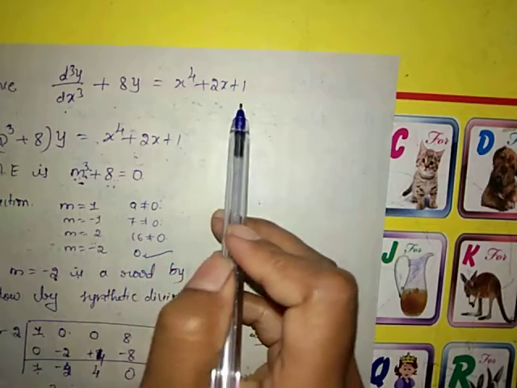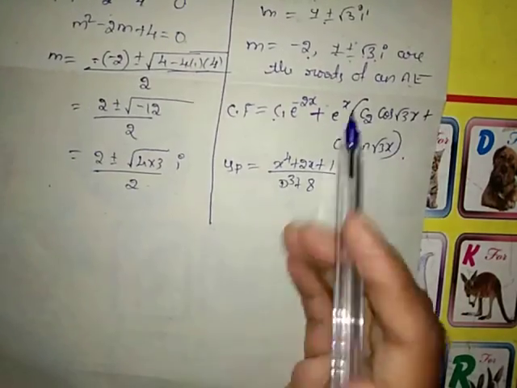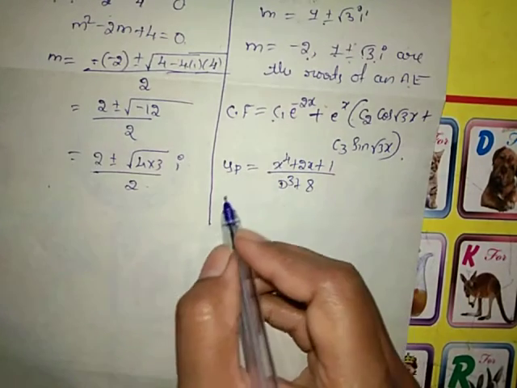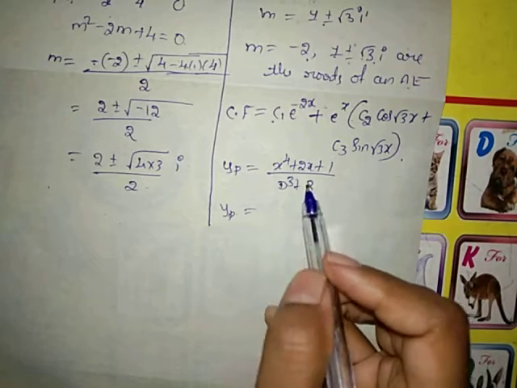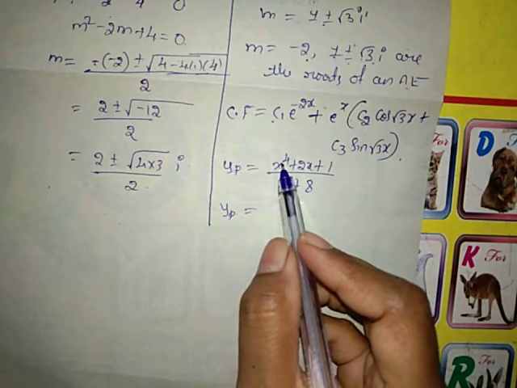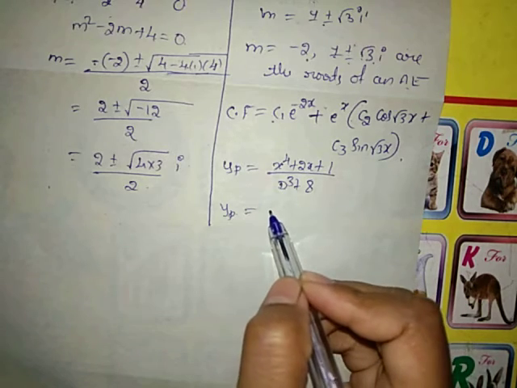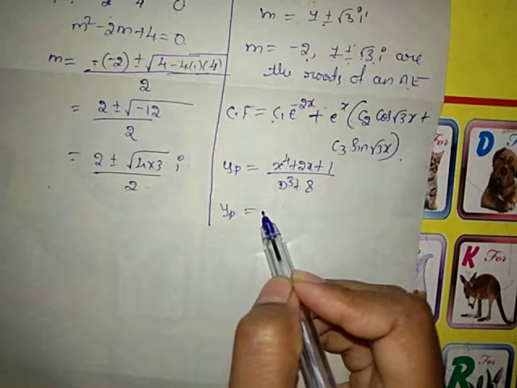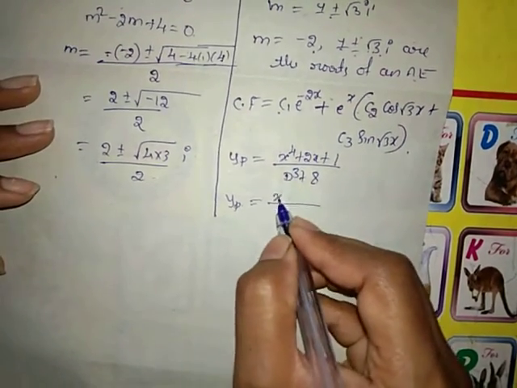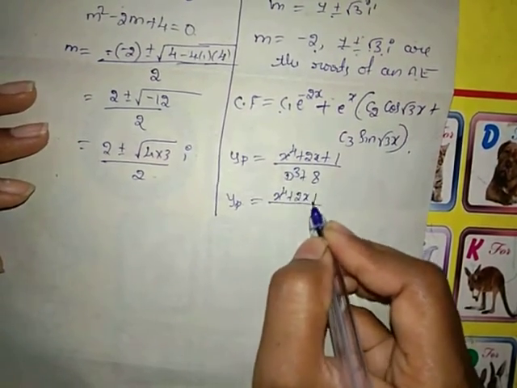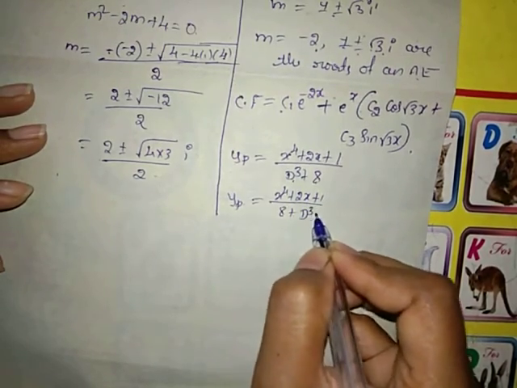Now we have to write down the yp. According to the procedure, write the function of x in decreasing powers of x, and f of D in the decreasing powers of D. So it will be x raised to 4 plus 2x plus 1 over D cube plus 8, which should be written as 8 plus D cube.